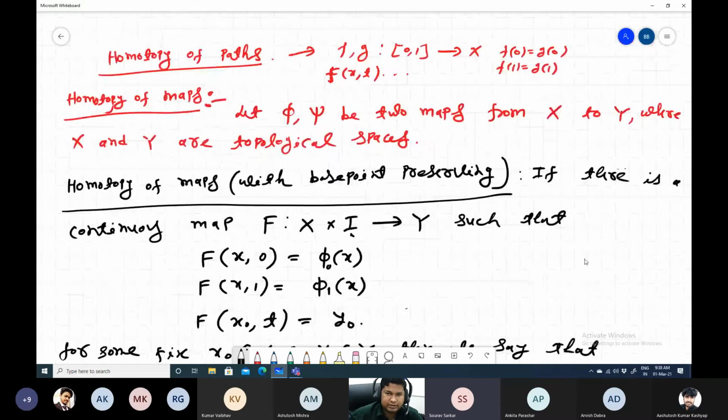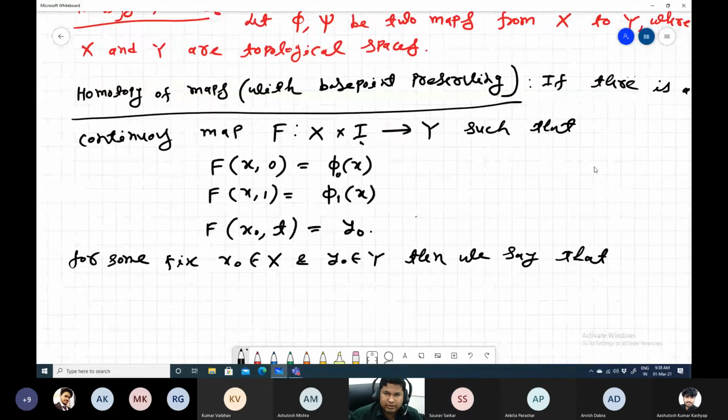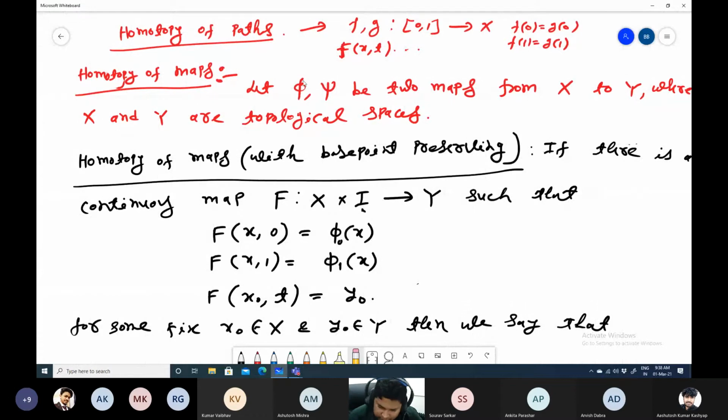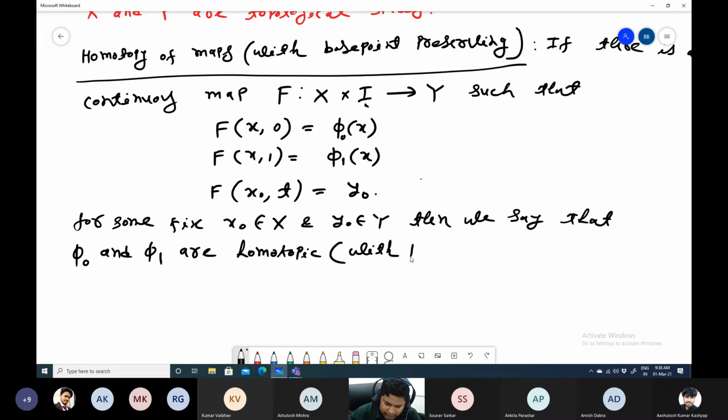I have assumed phi and psi. Yes. Okay, anyway, I am defining that one. Sorry. I am writing this notation because I need it actually. So phi t. Then we say that phi 0 and phi 1 are homotopic. And here you have to mention that it is with base point preserving.